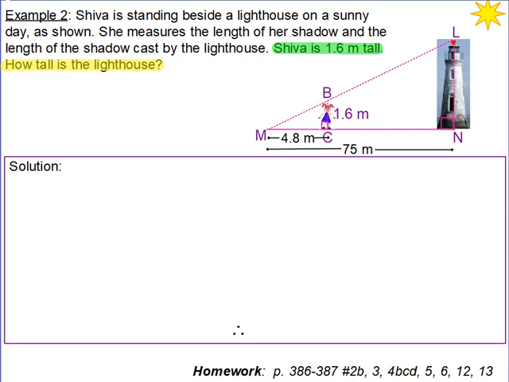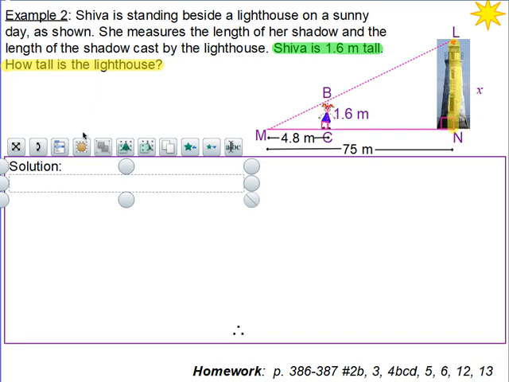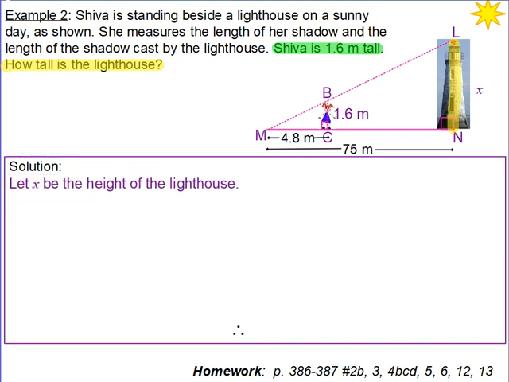So, almost a well-labeled diagram. We are missing just one more thing. We're looking for how tall the lighthouse is, so we're looking for side length LN. So we can go ahead and label that with an x. It doesn't have to be x, but I'm just so addicted to x, I guess. We can go ahead and write, let x be the height of the lighthouse. Okay. Next is to prove similarity, if you're using those steps at the front.